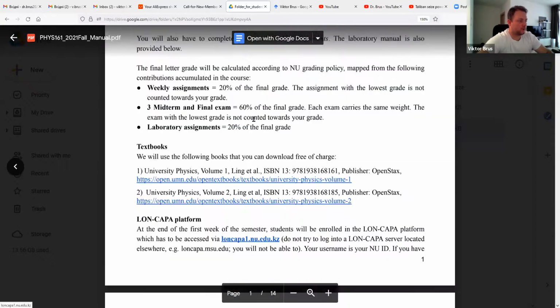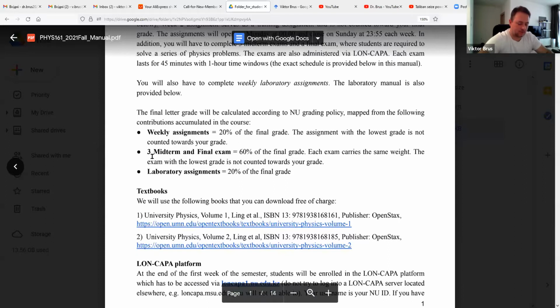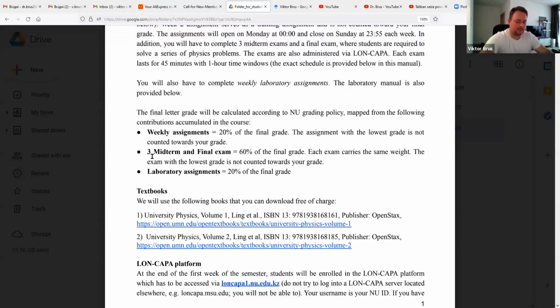Again, it will be organized via LongCAPA, and again, please be very careful with the format of your solution. It should be properly submitted as required by LongCAPA. Otherwise, you will not get your points, which would be a pity. So please be very careful and aware of this strict requirement.